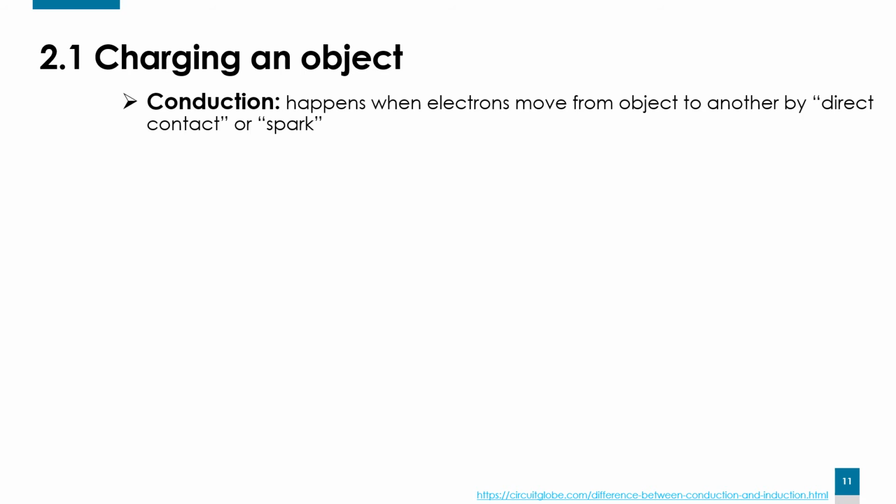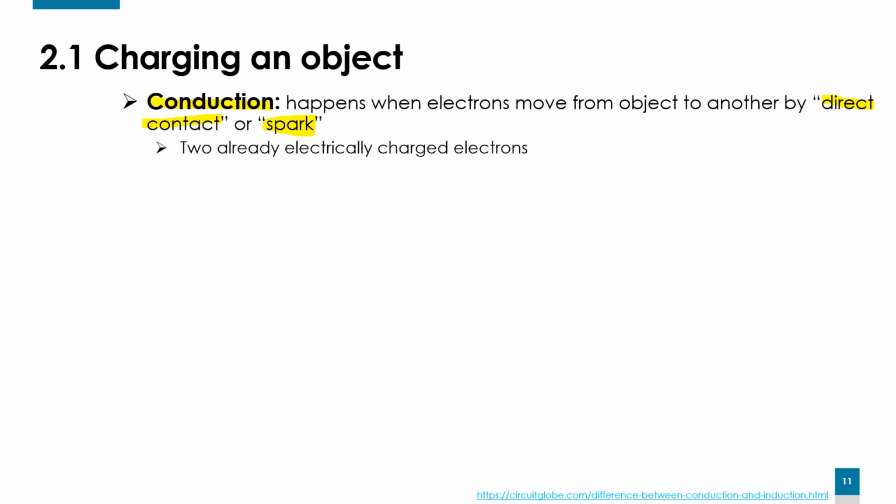Now we are talking about friction. Now we're going to talk about conduction. Conduction happens when electrons move from one object to another by direct contact. So I touch them to each other or I create a spark. So it's like a quick movement of electrons.